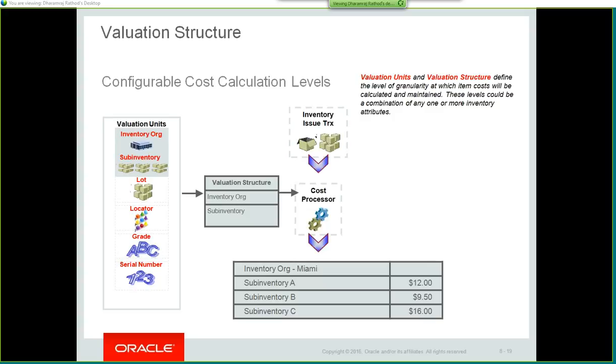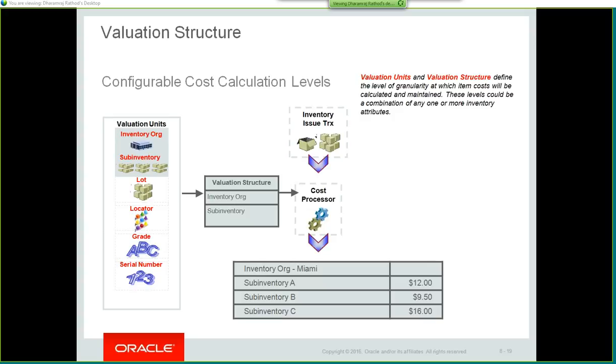Our cost processor will pick those attributes and identify, this is for sub-inventory A. What is the average cost of the sub-inventory, how much quantity am I getting, and at what rate am I getting it. Then it calculates the average cost of your item. It may be different for different sub-inventories, or it may be the same.